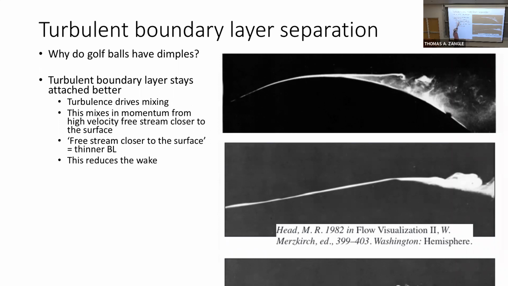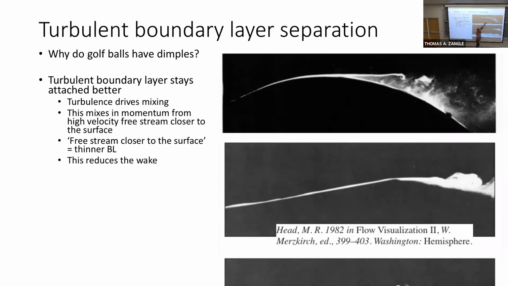And so one effect of this is that it brings in momentum from the high velocity free stream closer to the surface. And if we bring the free stream closer to the surface, that means we have a thinner boundary layer, and this tends to reduce the wake. By mixing in momentum from the free stream, we tend to reduce the wake.